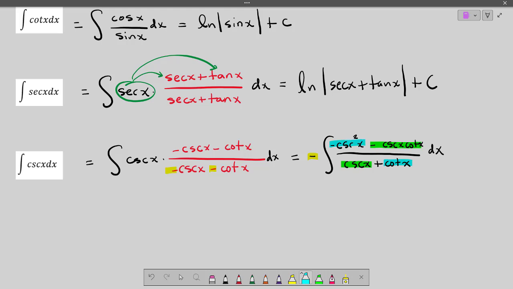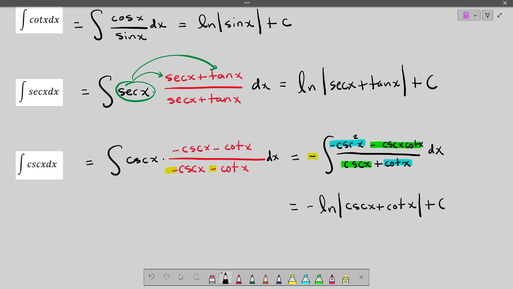It is now in logarithmic form. We know that if it's in log form, we could use u substitution and let u be the denominator, but we already know how this plays out. This is going to be minus natural log absolute value of the denominator plus c.